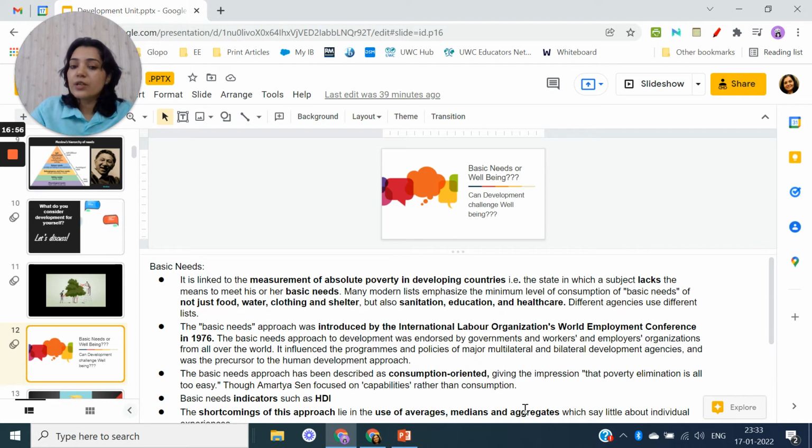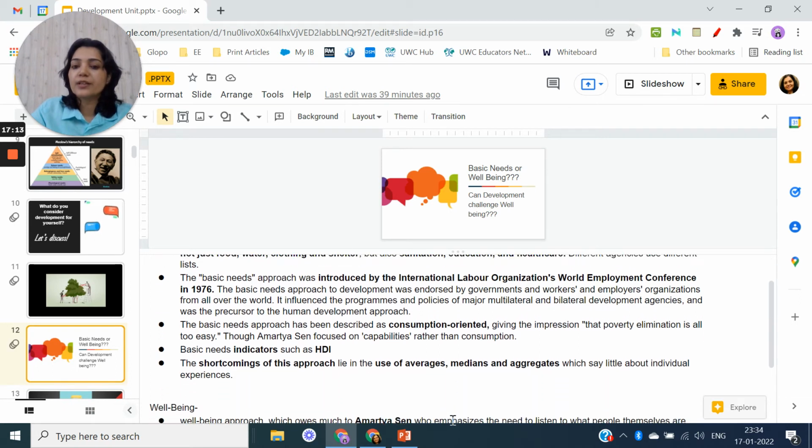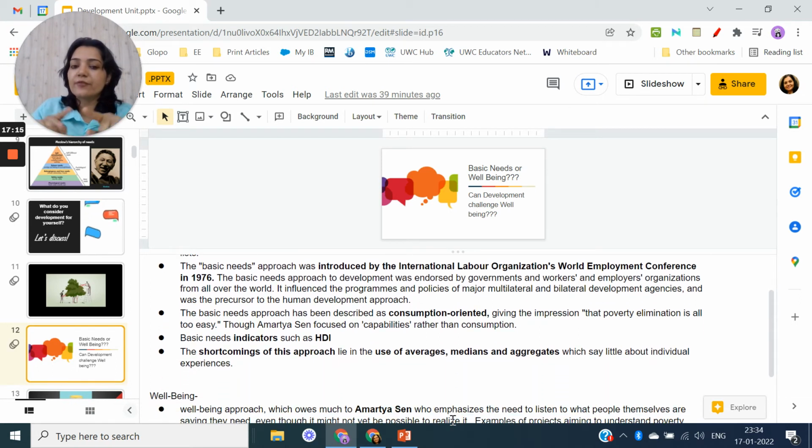Though Amartya Sen focused on capability rather than the consumption approach. I'll be covering Amartya Sen after this presentation. Now, the basic indicator of this one is HDI, the Human Development Index.